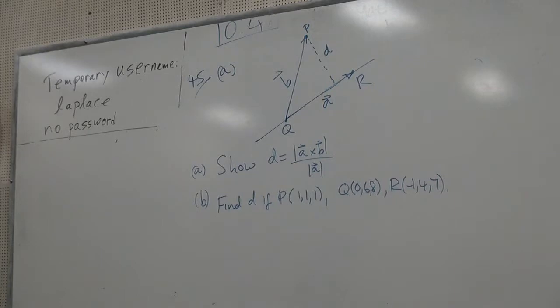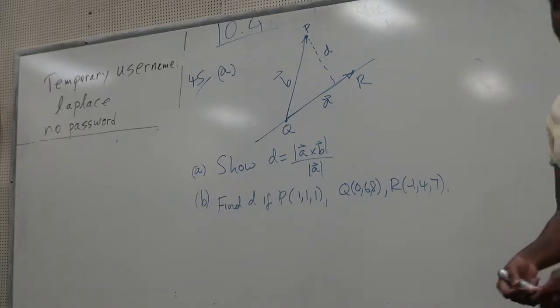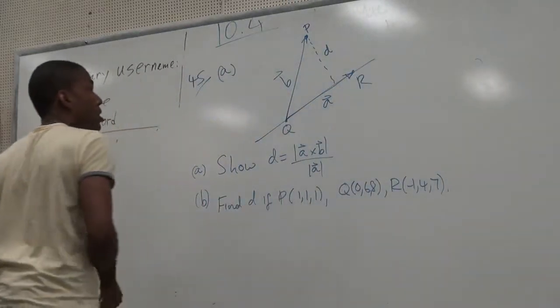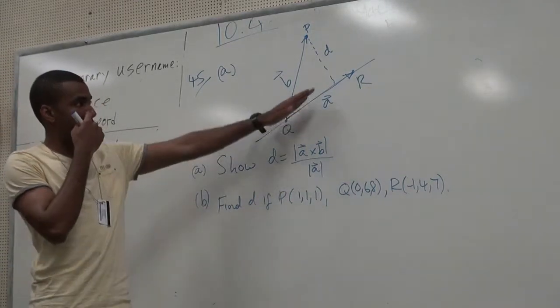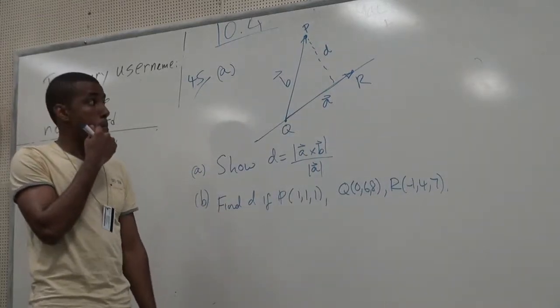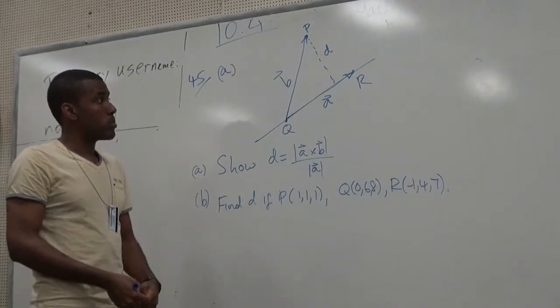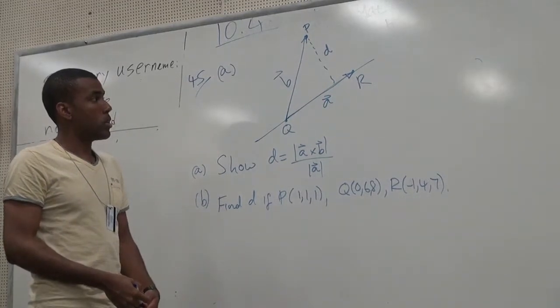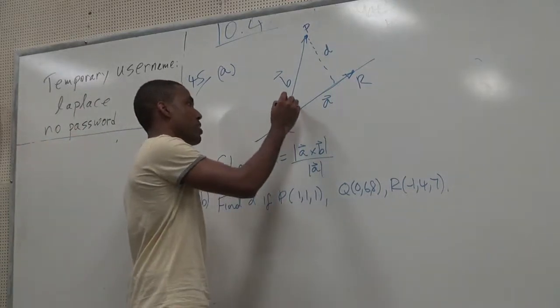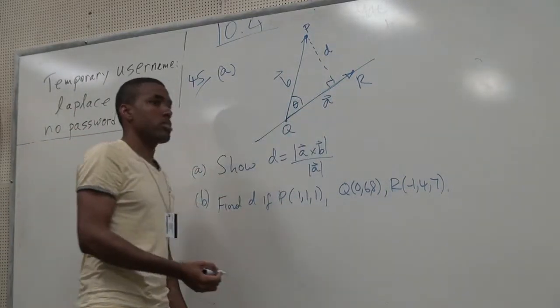Okay, thoughts? Did anyone attempt it? Yeah? Project B onto A, and then you make a triangle and find D. There's a right triangle here.